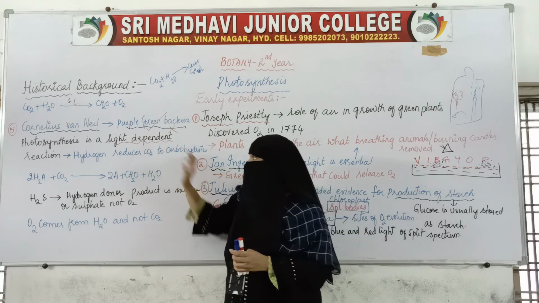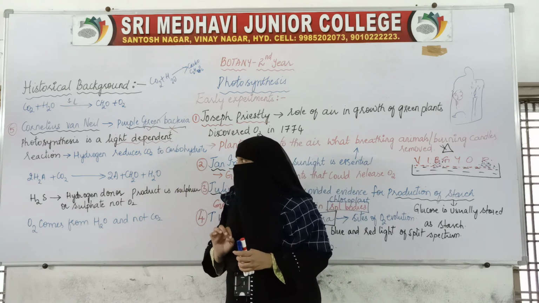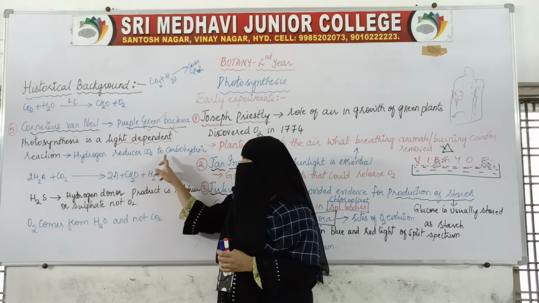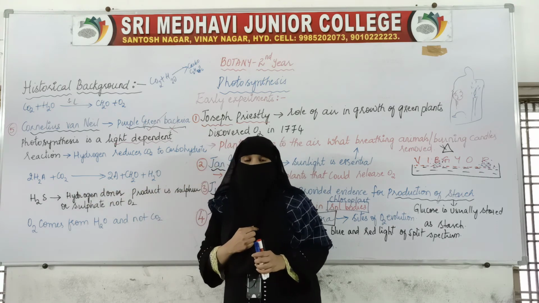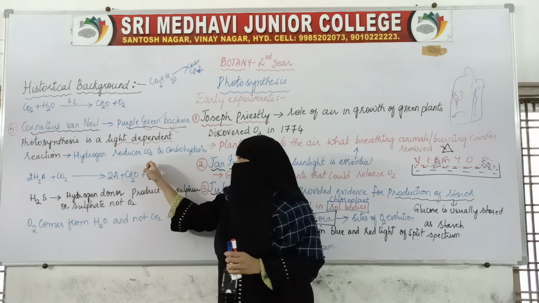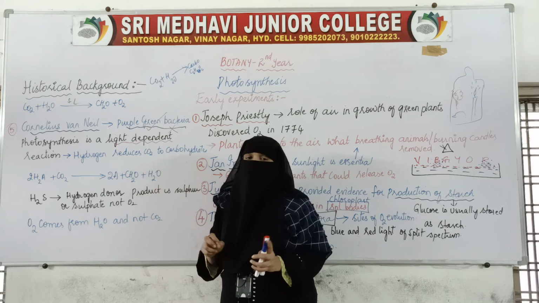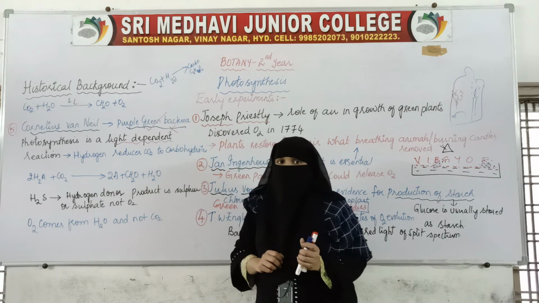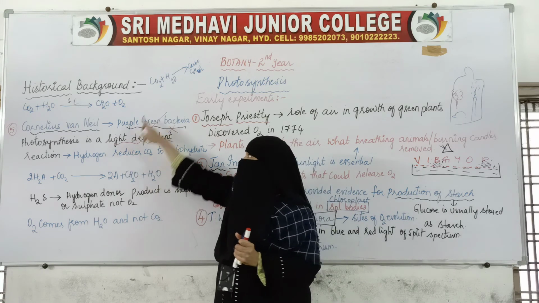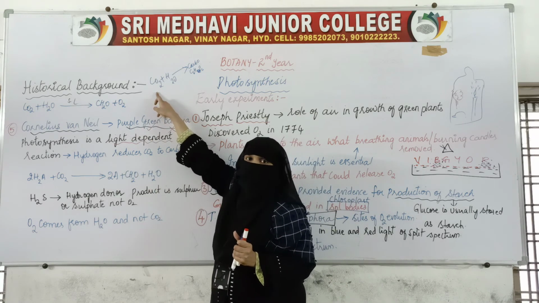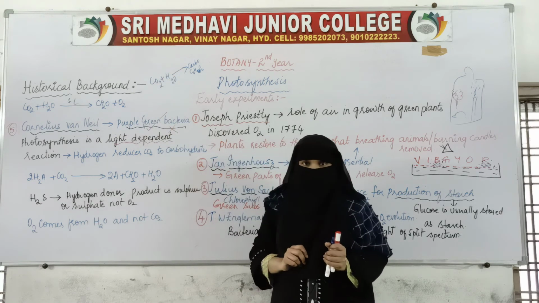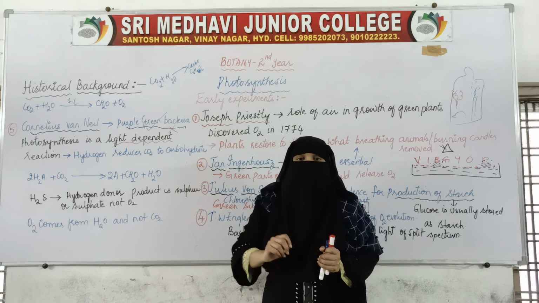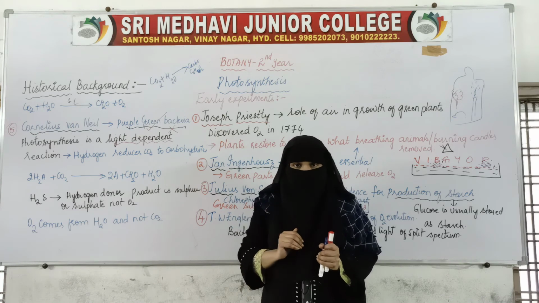This was the equation which was given, because earlier it was said that hydrogen is taken up by the carbon dioxide to produce carbohydrates and oxygen is released, so the oxygen which is released is from the carbon dioxide.